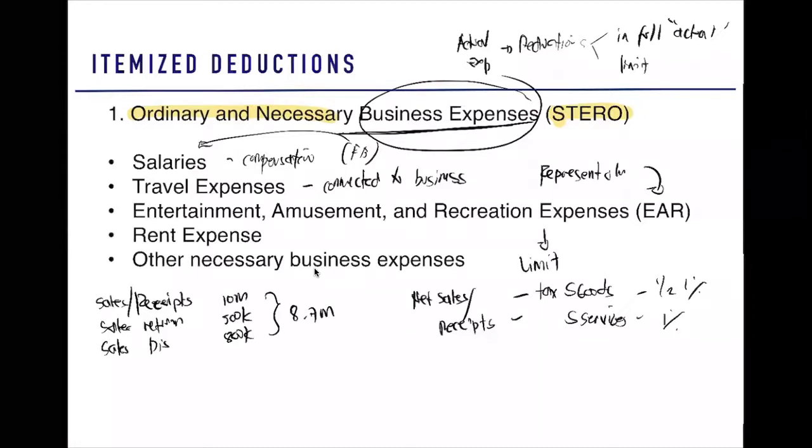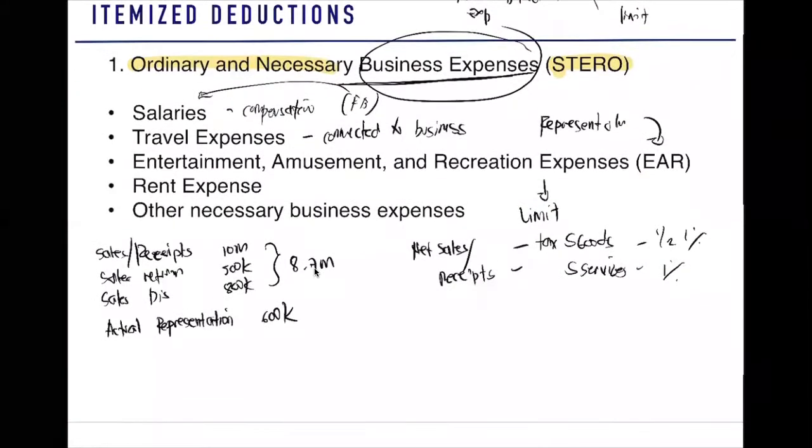Okay? So assuming your actual representation expense is equal to, let's say, 600,000 pesos. Okay? So we have your sales or receipts, sales returns, sales discount. To get your net sales or receipts, you just deduct any returns or discounts, including allowances.